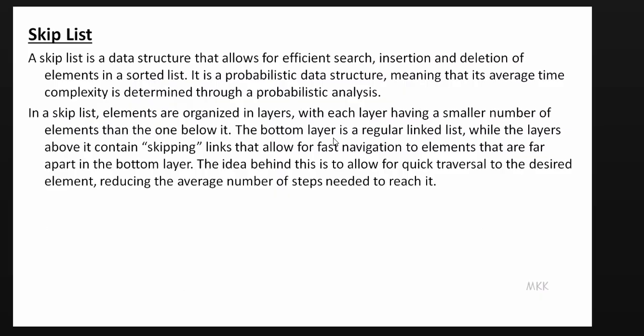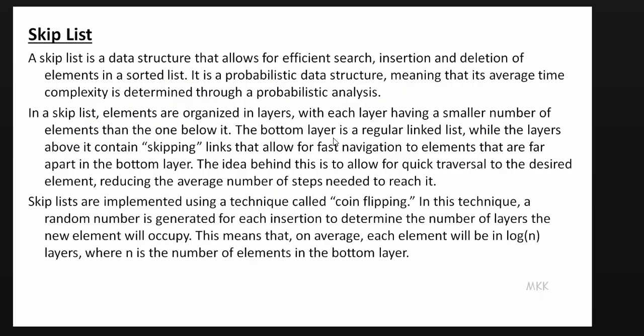In a skip list, elements are organized in layers, with each layer having a smaller number of elements than the one below it. The bottom layer is a regular linked list, while the layers above contain skipping links that allow for fast navigation to elements that are far apart in the bottom layer. The idea behind this is to allow for quick traversal to the desired element, reducing the average number of steps needed to reach it.